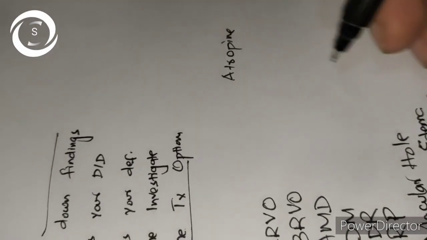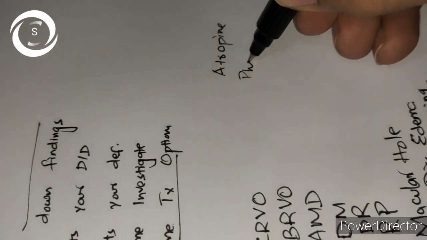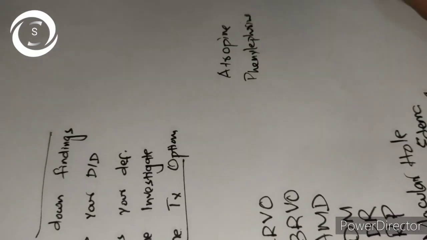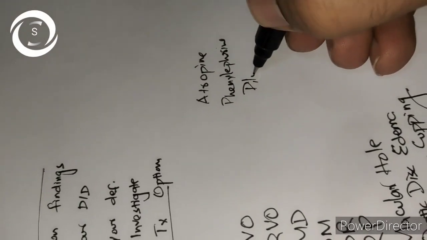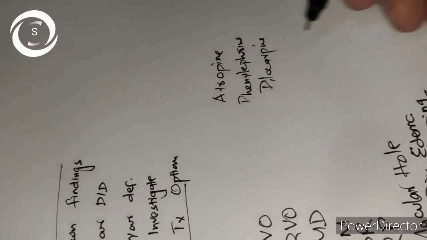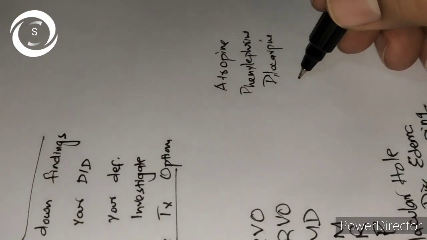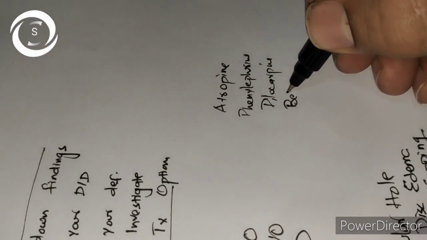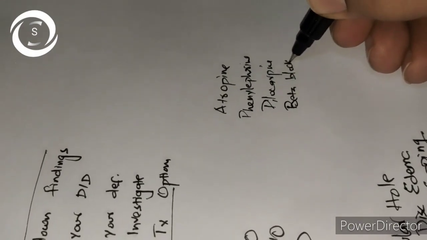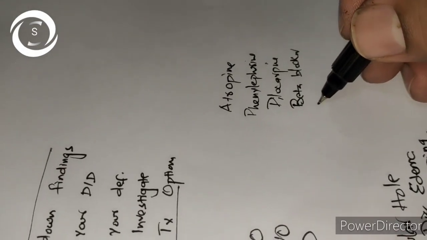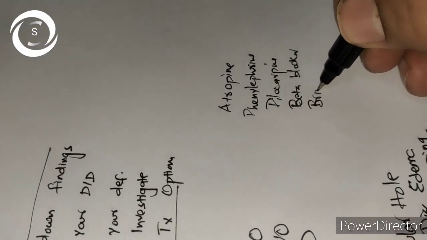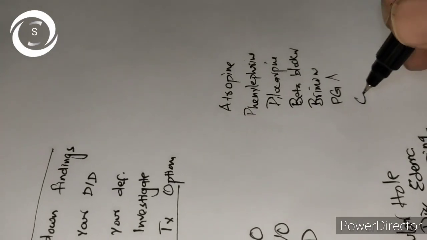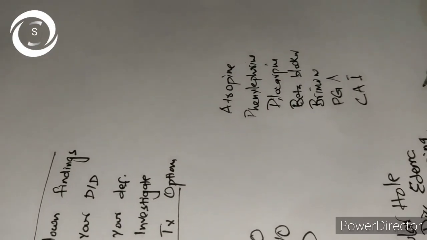And about atropine, phenylephrine, then pilocarpine, and then you can be asked about anti-glaucoma drugs like beta blockers or brimonidine, prostaglandin analogs, carbonic anhydrase inhibitors.